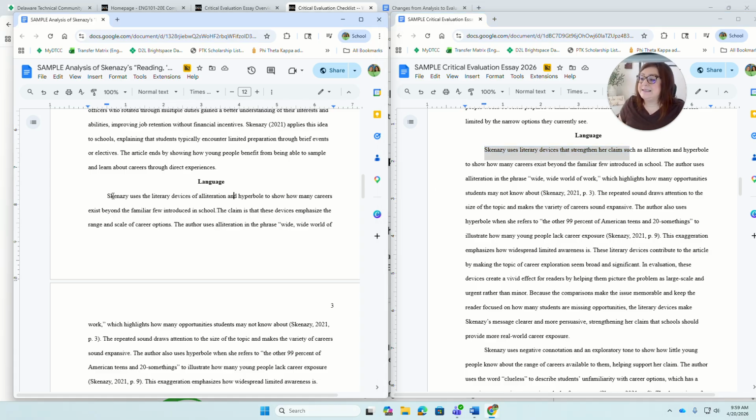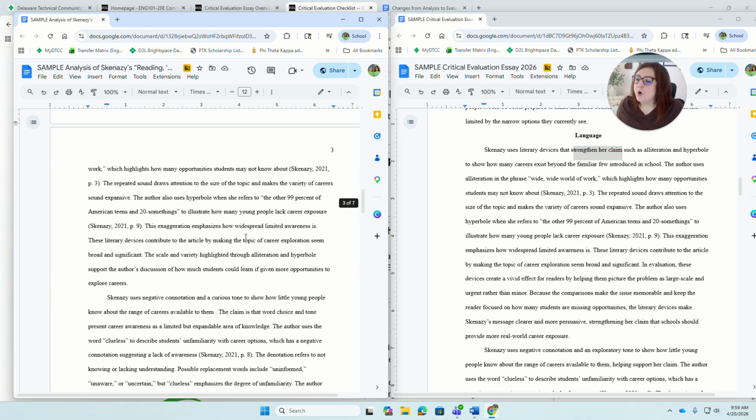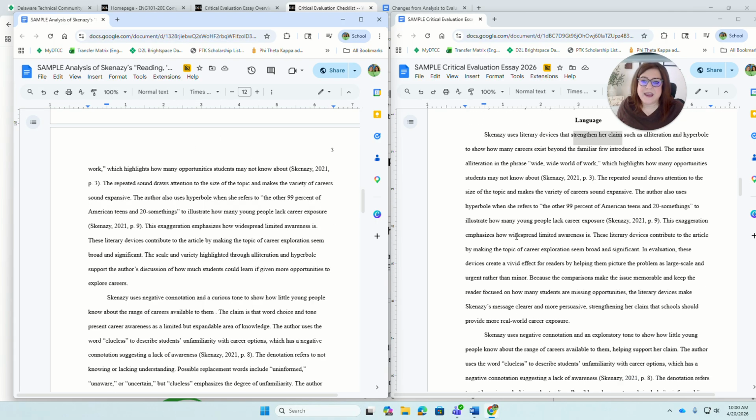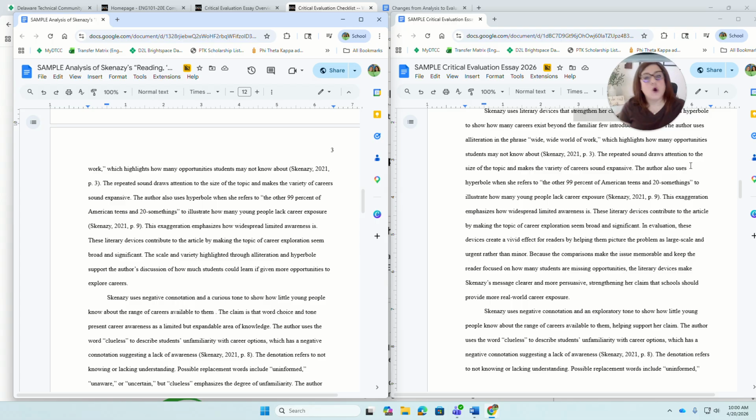So we went from just identifying to now saying it strengthened her claim, such as alliteration and hyperbole, to show how many careers exist beyond the familiar few introduced in school. Exact same sentence with the evaluation piece added in. If we scroll down a little bit, again, we have the exact same thing. Of course, I changed it according to my instructor's feedback.